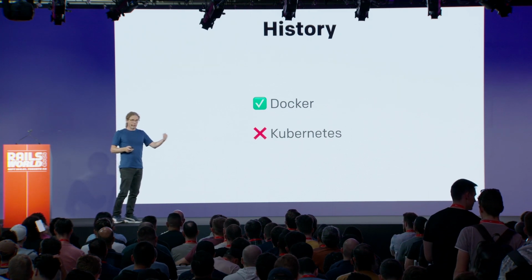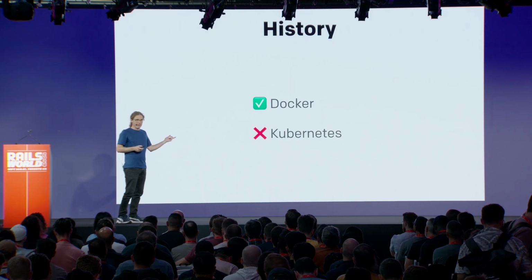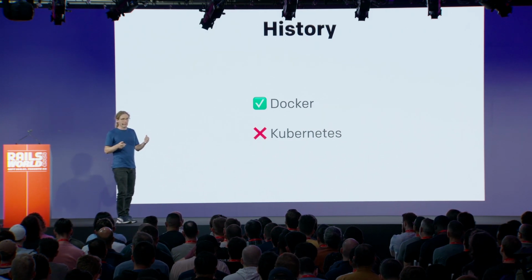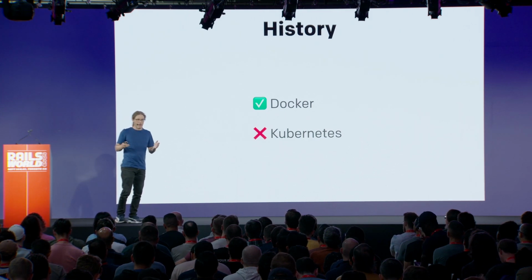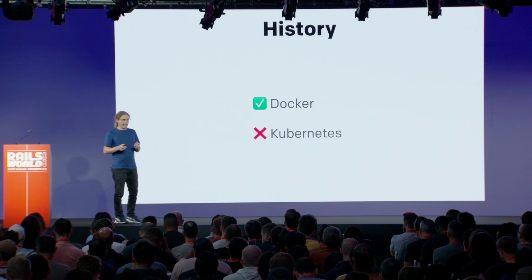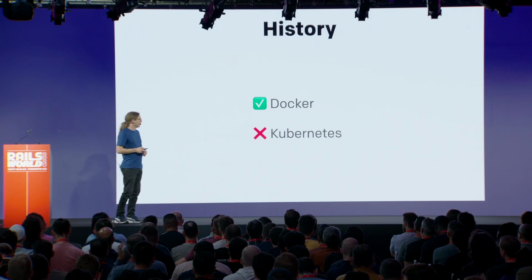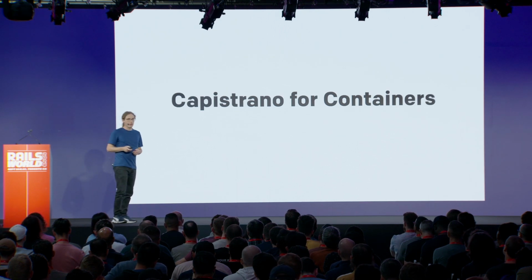And when we looked at what we were doing in AWS, it was like, well, we don't really like this Kubernetes part, that looks a bit tricky, and we don't really need it, but this Docker bit looks great because we won't need to artisanally manage our servers anymore to make sure we can compile the latest Ruby and make sure all the gems install correctly. So we're like, well, we do like the Docker part. So what we decided we needed was Capistrano for containers.